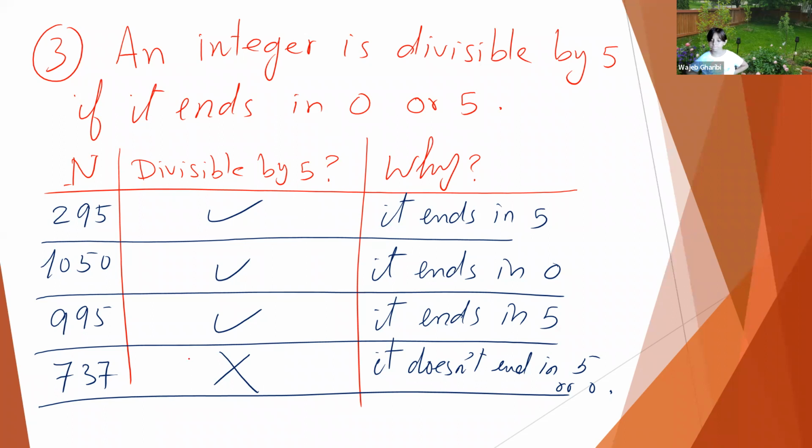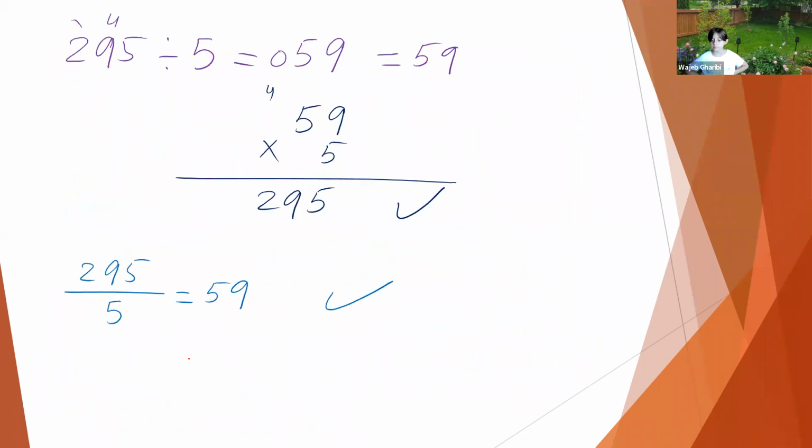Okay, how about 737? No, it doesn't end in 5 or 0. Okay, and here we can perform the division: 295 divided by 5 equals 59. And we also multiplied and checked our result, okay?